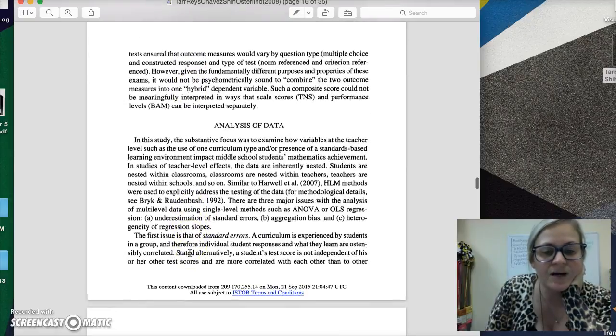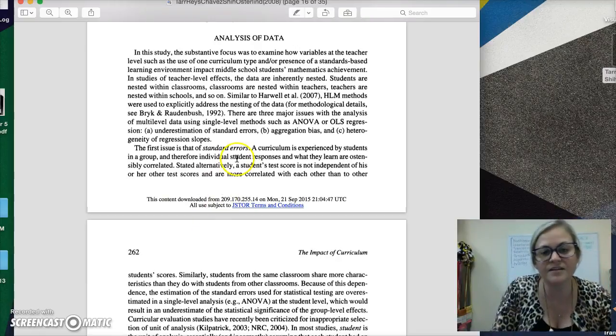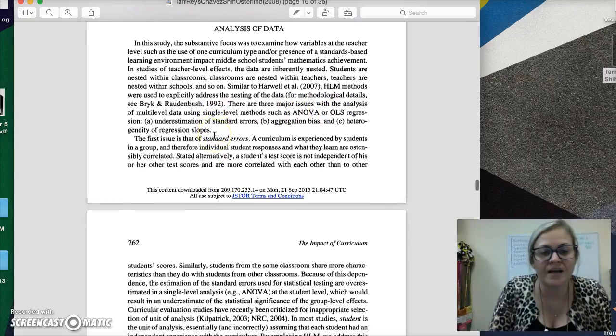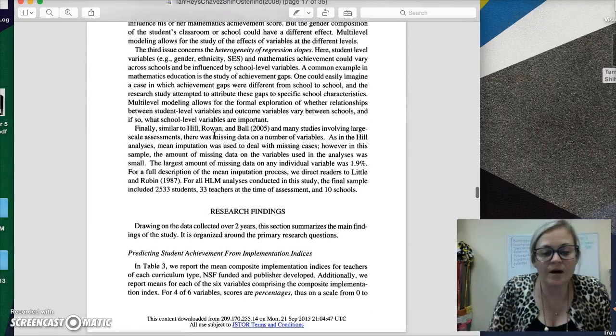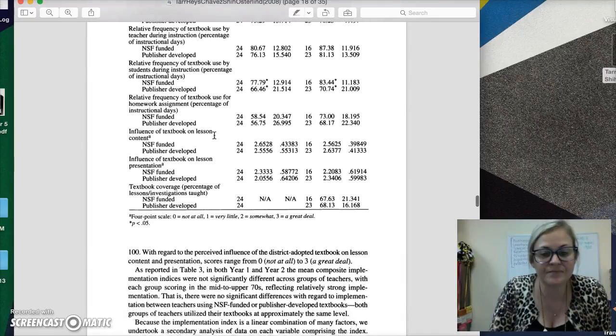He's itemizing it quite clearly, and then his analysis of his data includes ANOVA, which is a statistical test, and OLS regression, and he's computing standard errors. So it seems very quantitative, and that can be intimidating.